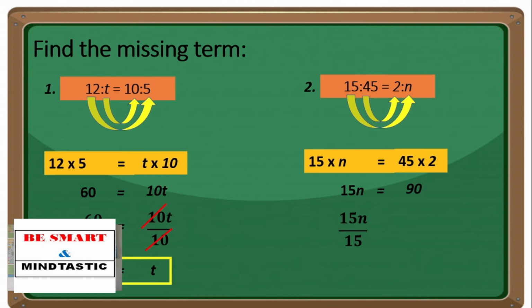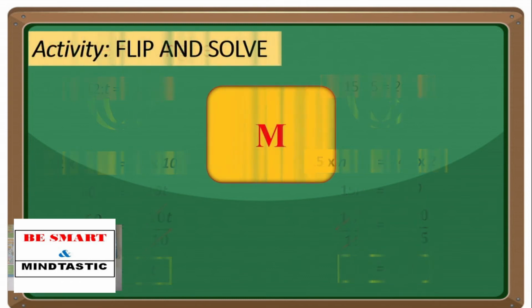So let's divide both sides by 15. So 15 divided by 15, cancel. 15 and n now is equal to 90 divided by 15. That is equal to 6. Yes, very good. Did you understand, class? Okay.